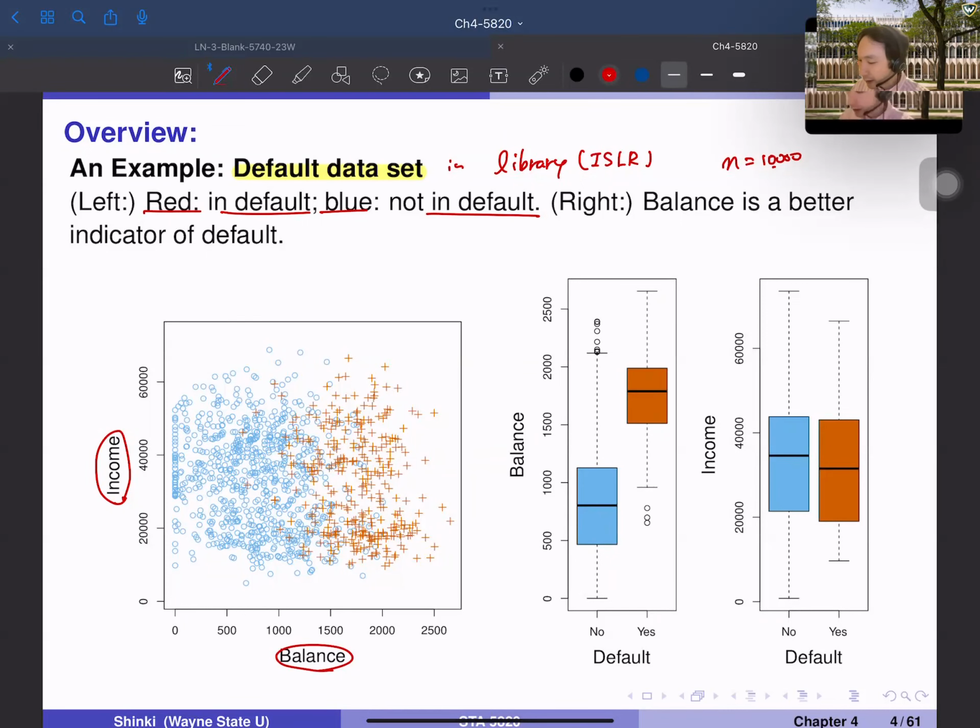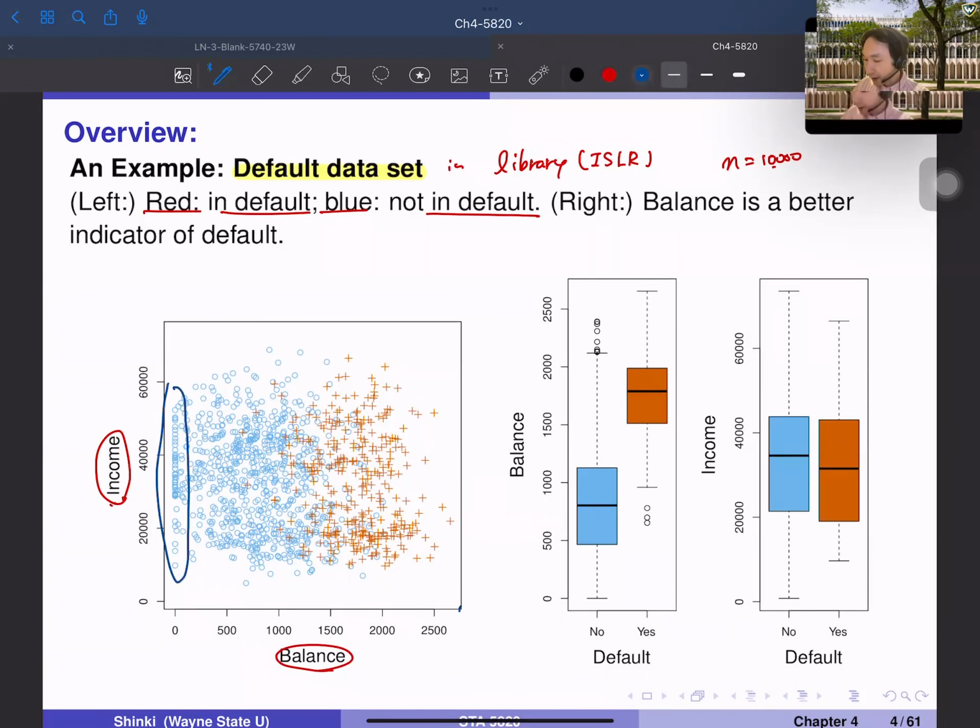The blue is not in default and red is in default. So you can see some tendency. Actually, the income does not really matter. That's kind of surprising, but the balance really matters for default status. So if the balance is larger, more people are in default. Of course, if the balance is 0, then you cannot default.